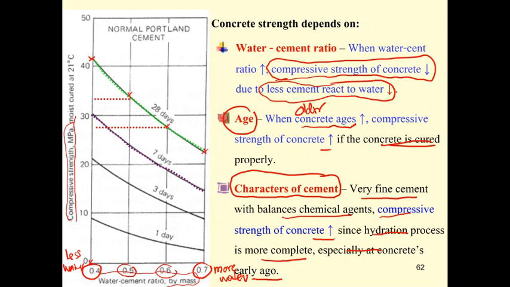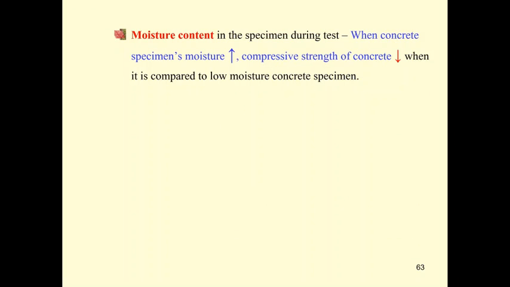Fine cement can have more, quicker hydration process. That means you have to check which company has the most modern Portland cement production process. Most of the modern ones will produce very fine Portland cement, and the strength of that concrete can increase rapidly.